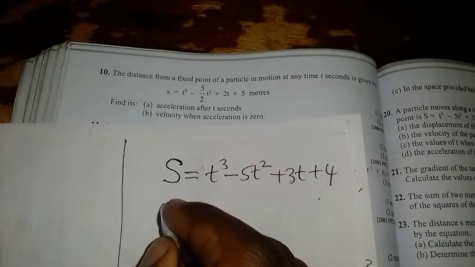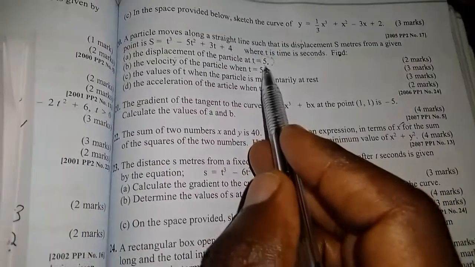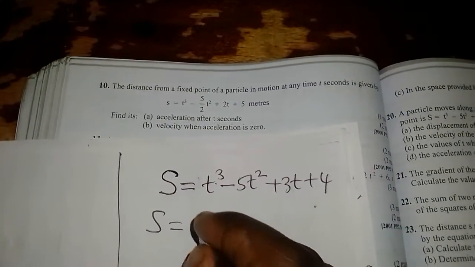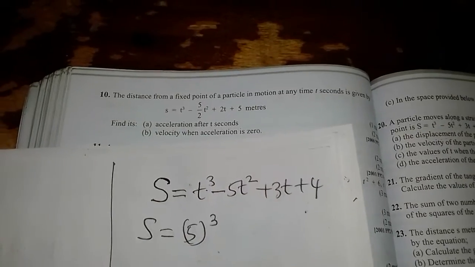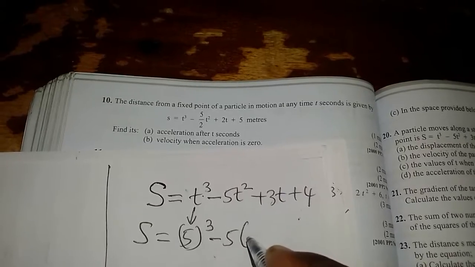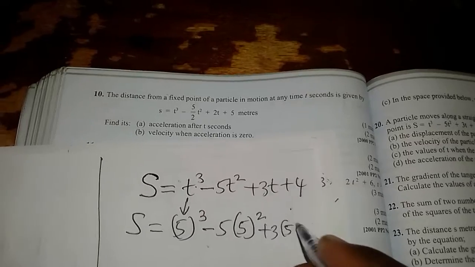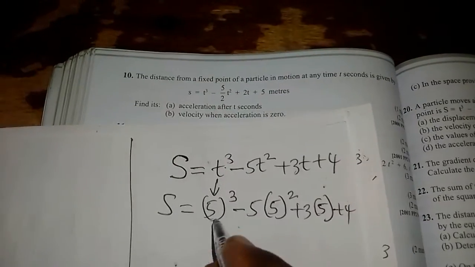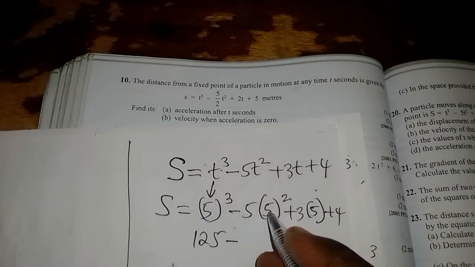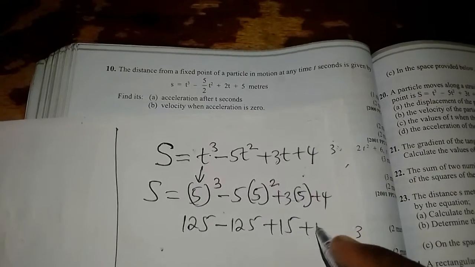So I say displacement s equals, and time is 5, so 5 cubed because t is 5, minus 5 into 5 squared, then plus 3 into 5, then plus 4. This gives me 125, then minus 5 times 25, that is 125, then plus 15, then plus 4.